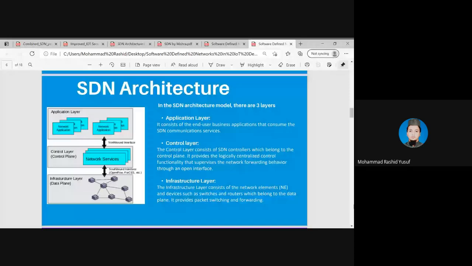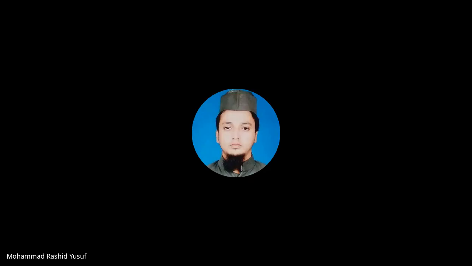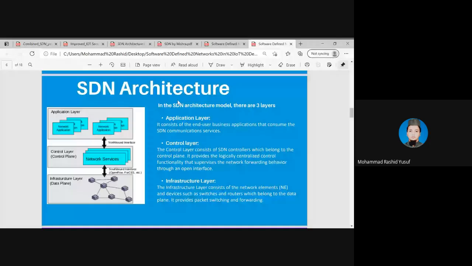What is the structure of software defined architecture? There is a 3-layer architecture in the software defined network: first is the application layer, then the control layer, and the infrastructure layer. In the SDN architecture model, there are 3 layers.